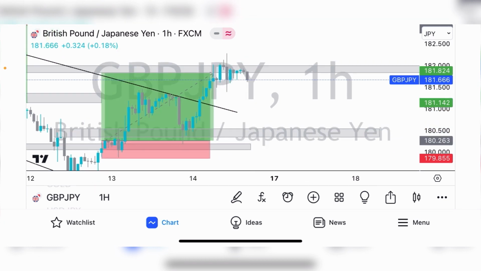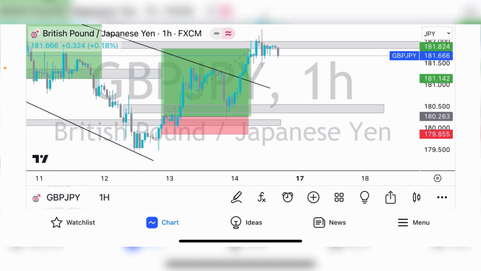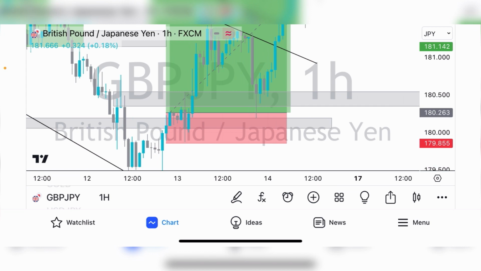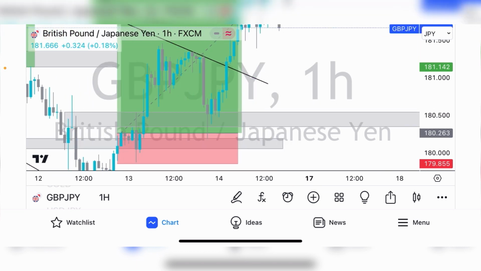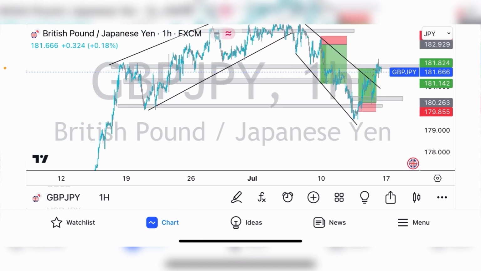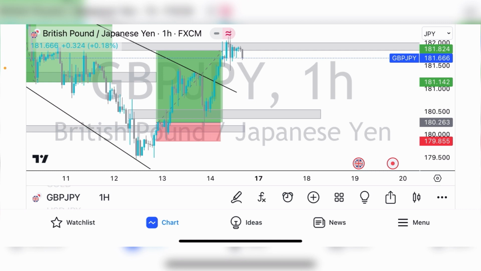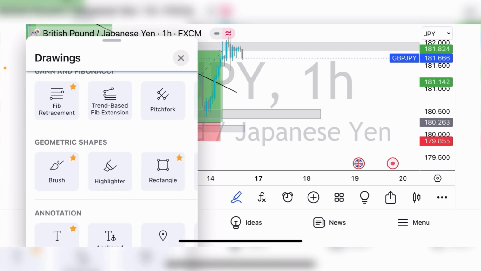Around here, as you can see, this support and resistance zone, I think the market might want to test before it can go up.